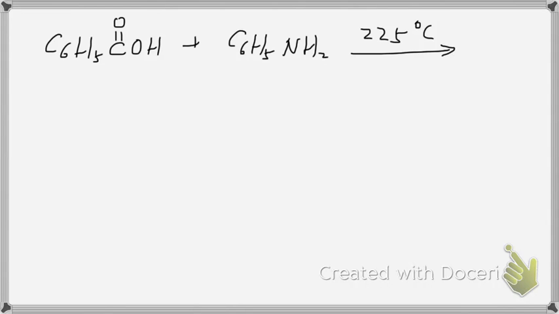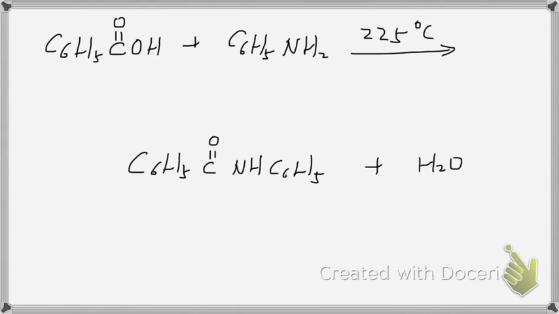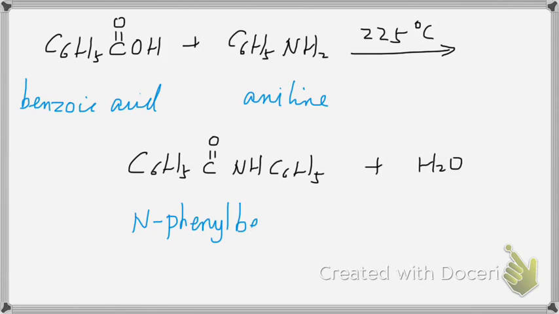What will be the product when it's heated to above 200 degrees Celsius? It should give an amide, right? So I gave you all the names. The product, the amide, will be called N-phenyl benzamide.